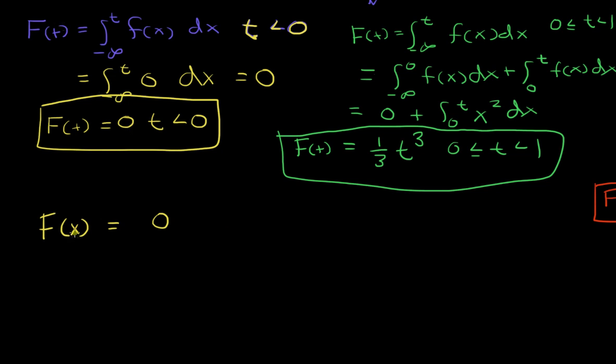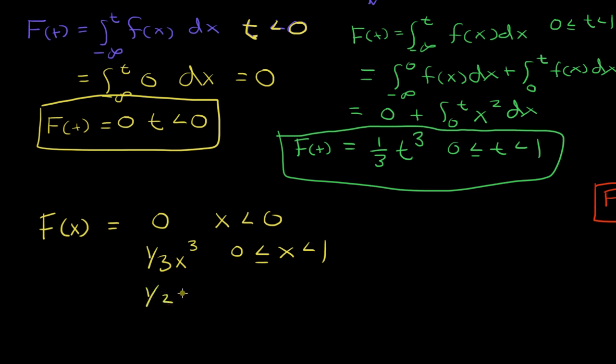So if you have x there, then you should be making a piecewise function with regards to x. So x is less than 0. The next one was this 1/3 t cubed. Not t, be careful. It's x if you have x here. So x cubed, when x is between 0 and 1.